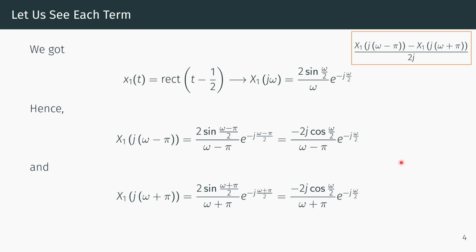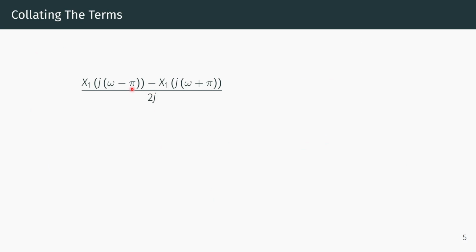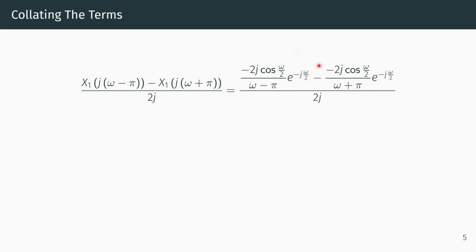Okay, so let's see what happens as the last step. We have to evaluate this term, which is X1 of j(omega minus pi) minus X1 of j(omega plus pi), whole divided by 2j. So let us substitute what we got before. The first term is nothing but minus 2j cos omega by 2 divided by (omega minus pi) times e power minus j omega by 2, minus second term would be minus 2j cos omega by 2 by (omega plus pi) e power minus j omega by 2, all divided by 2j.